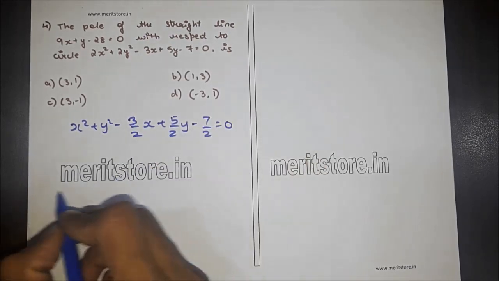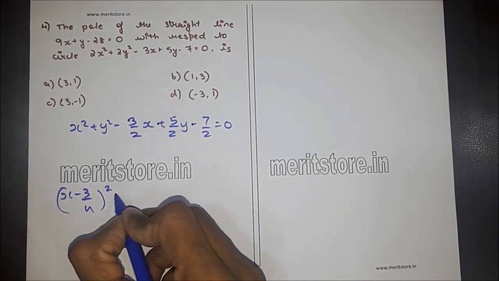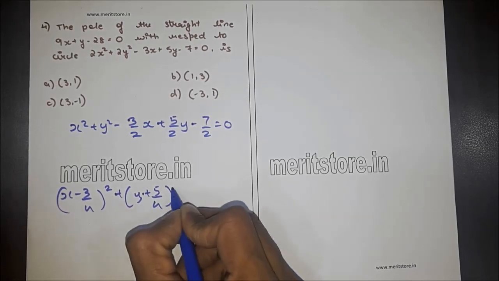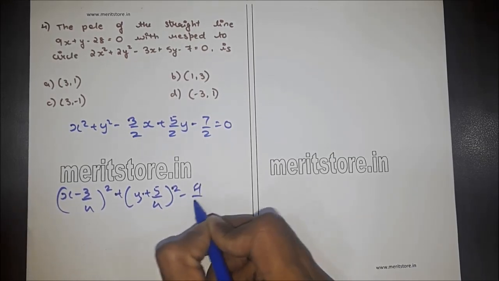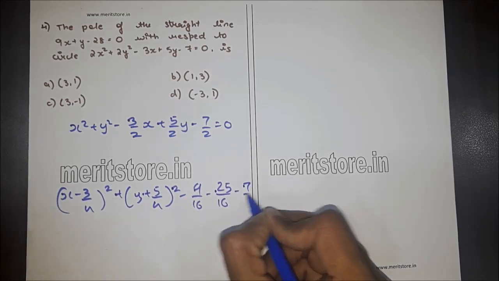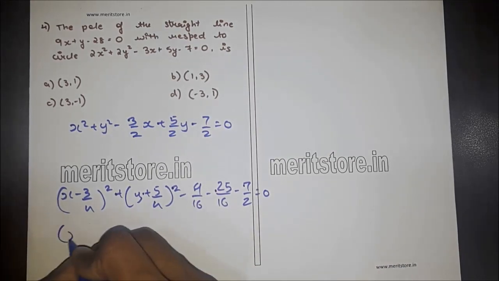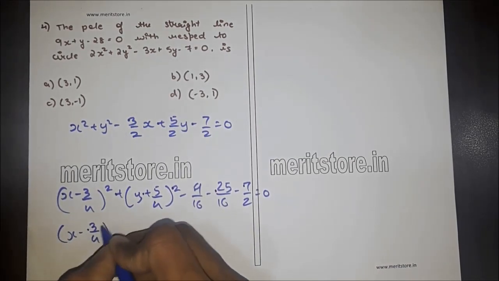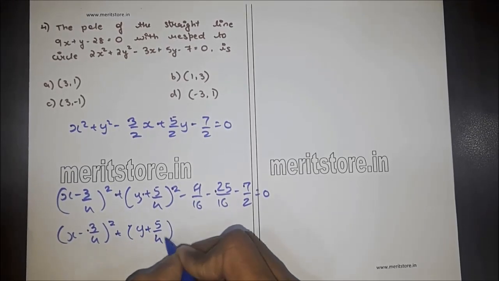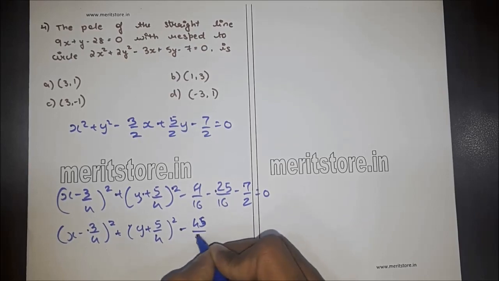We can thus write it as (x minus 3/4)² plus (y plus 5/4)² minus 9/16 minus 25/16 minus 7/2 equal to 0, which we can write as (x minus 3/4)² plus (y plus 5/4)² minus 45/8 equal to 0.